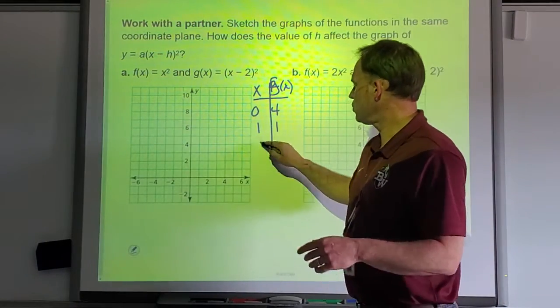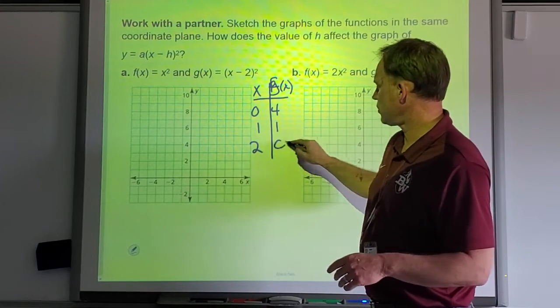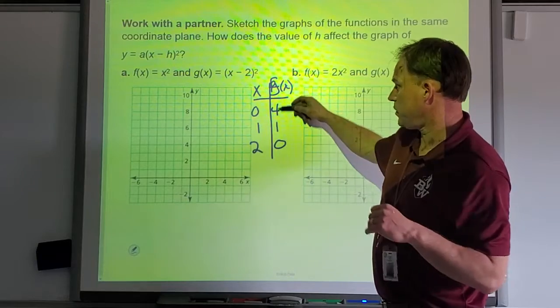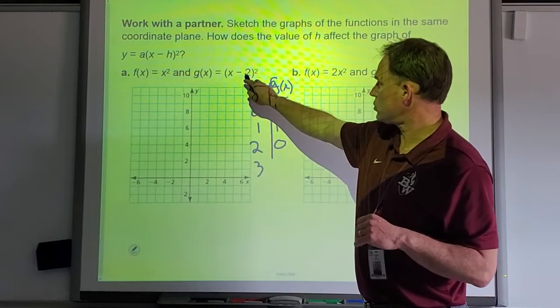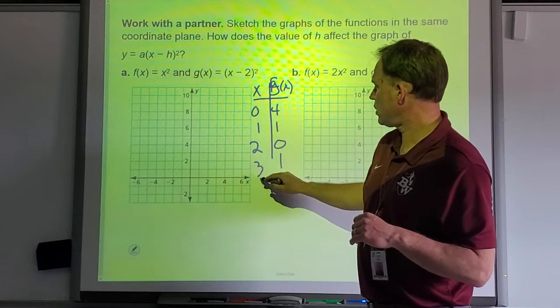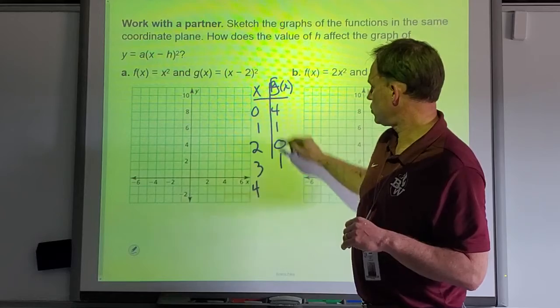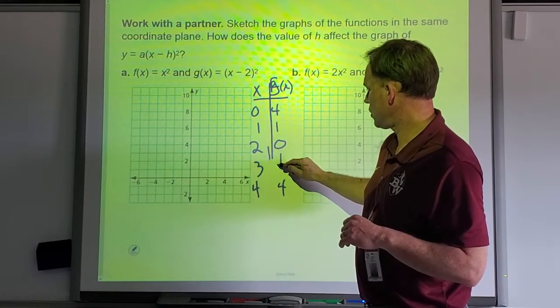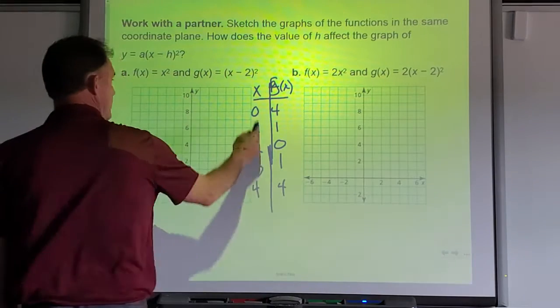Put in 2. 2 minus 2 is 0. 0 squared is 0. Starting to see some familiar numbers show up over here. Put in 3. 3 minus 2 is 1. 1 squared is 1. Put in 4. 4 minus 2 is 2. 2 squared is 4.